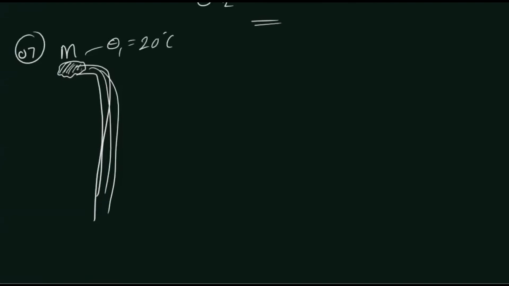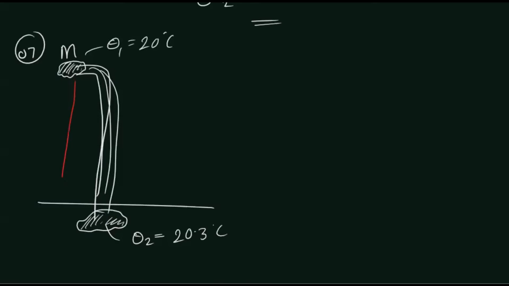They're saying the water on the top of the waterfall is 20 degrees Celsius. When it falls to the water surface, the temperature at the bottom is 20.3 degrees Celsius, right? They're asking us to find the height of this waterfall.